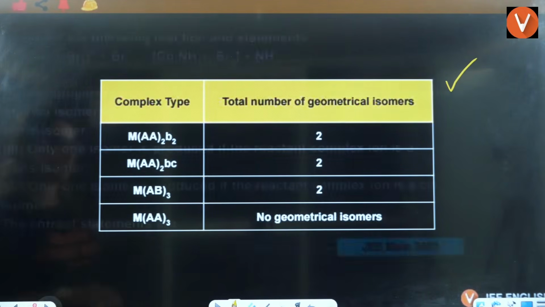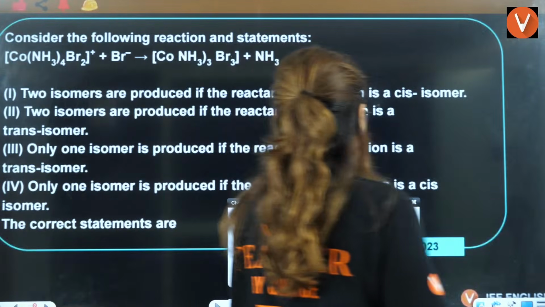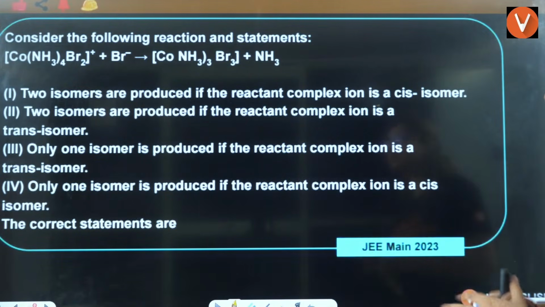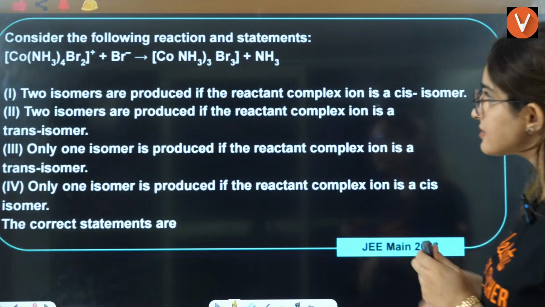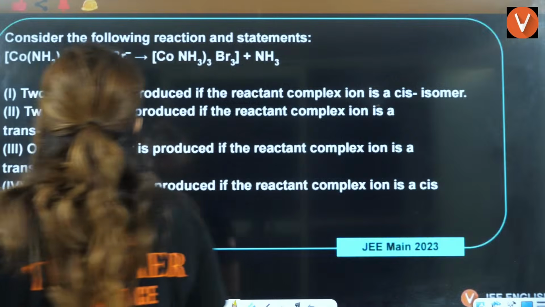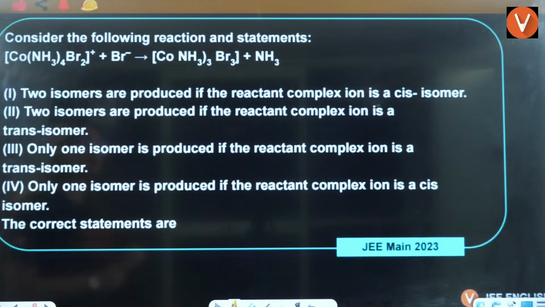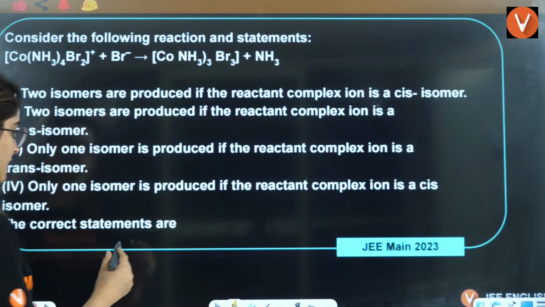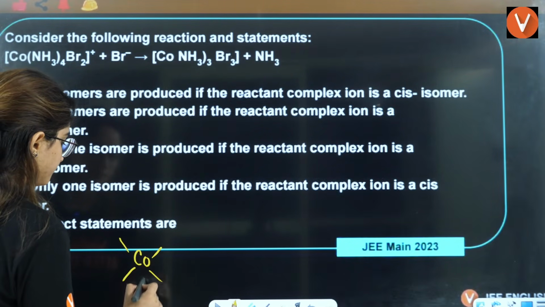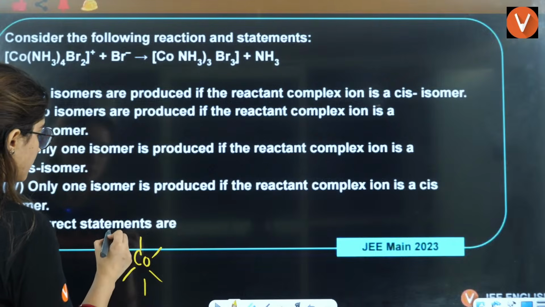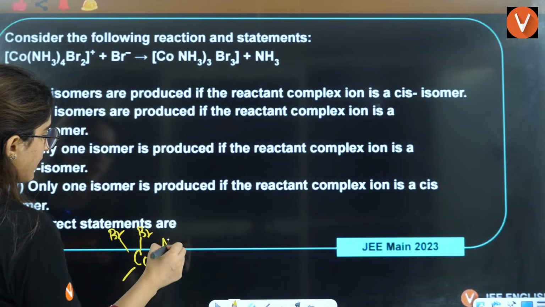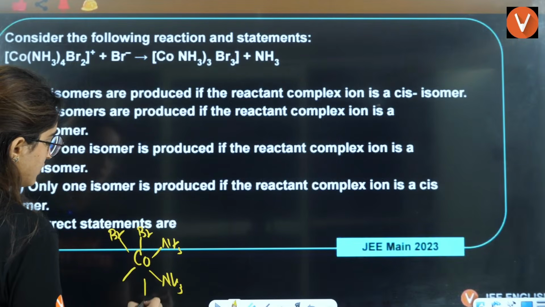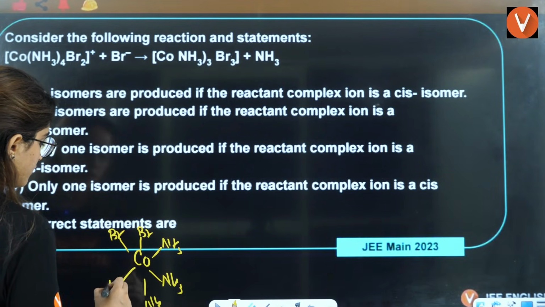Okay? Now, let's do this JEE 2023 question that says, consider the following reaction and statements. This is the reaction and statement. So he is saying that two isomers are produced if the reactant complex ion is a cis isomer. See, if I take reactant as a cis isomer, it will be like this. This will be Br, this will be Br, this will be NH3, NH3, NH3, NH3.